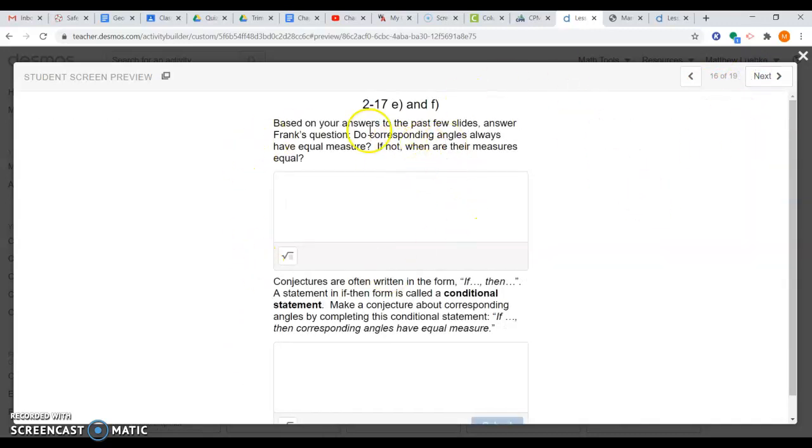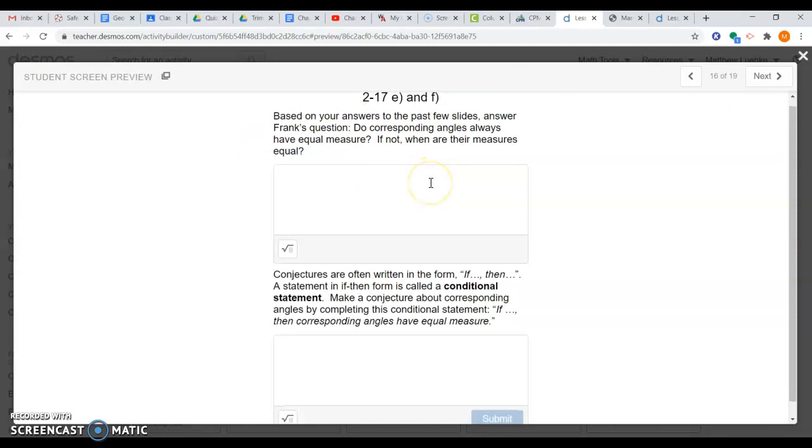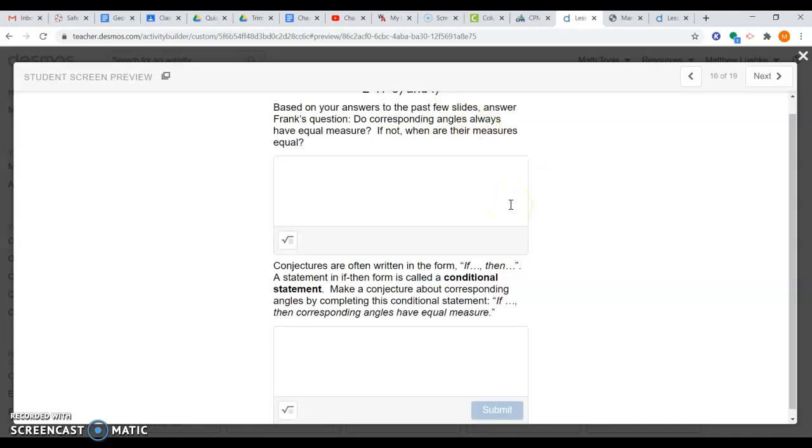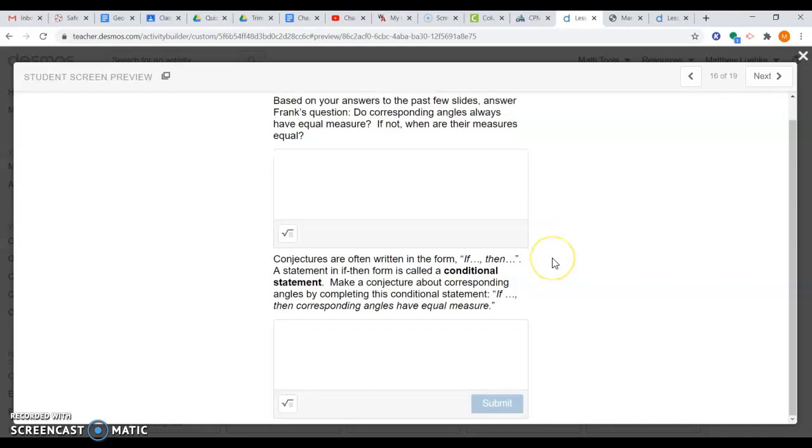All right, now we're going to reflect on 217 and say, corresponding angles always have equal measure, or do they sometimes not? In the right circumstance, we have to say, if this is the circumstance, then this is going to happen. And that goes into this second part here with what they call a conditional statement, an if-then statement. In an if-then statement, you say if this is the case, then this is the case.